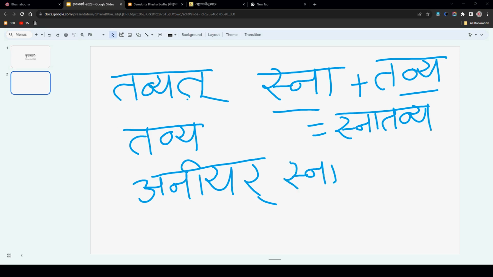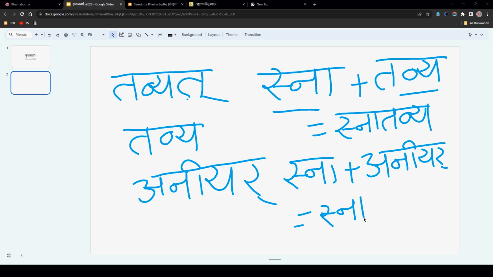Now sna plus aneeyar. Aneeyar actually. Now here what is happening? Sna plus aneeyar becomes snaniya. Pratipadikam becomes snaniya. Here the last refa or ra sound, rakara, is being removed.